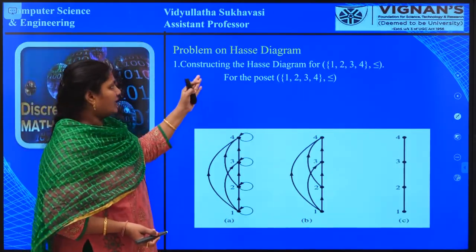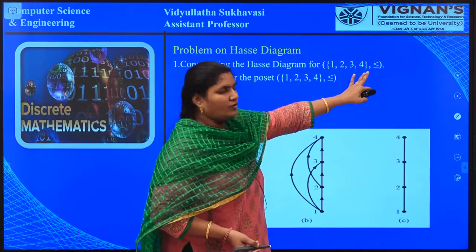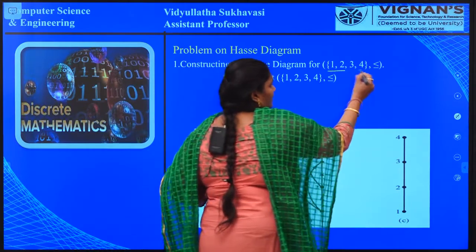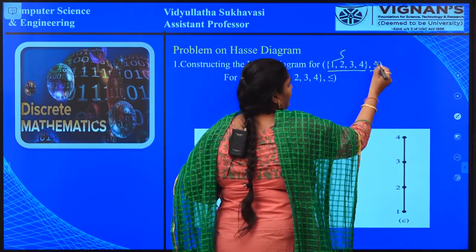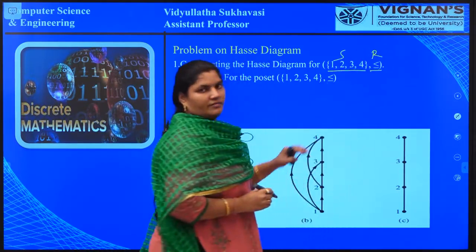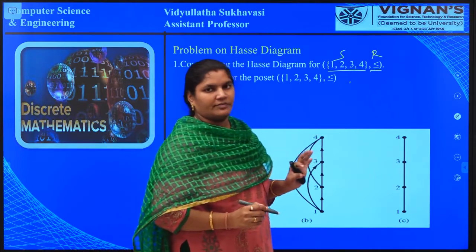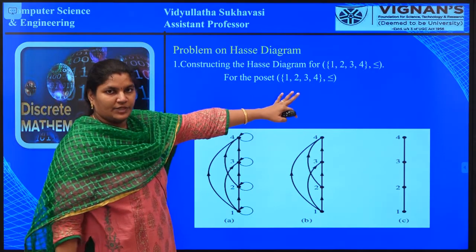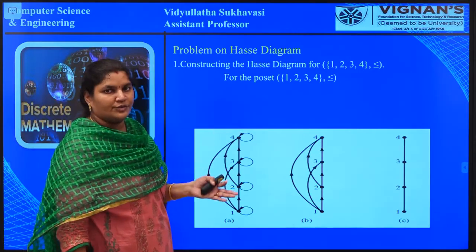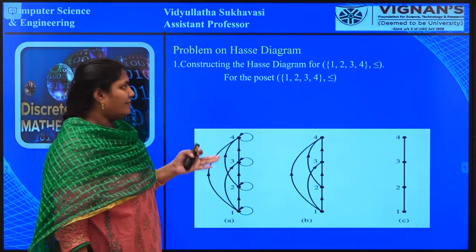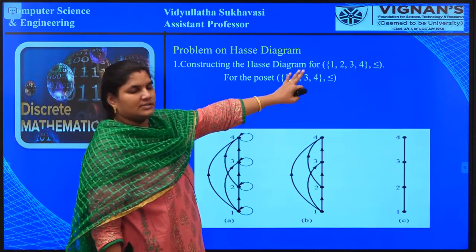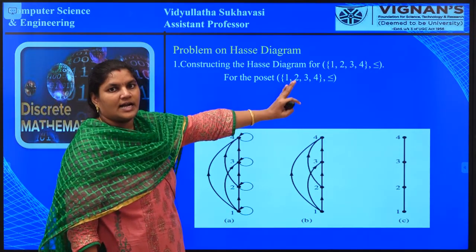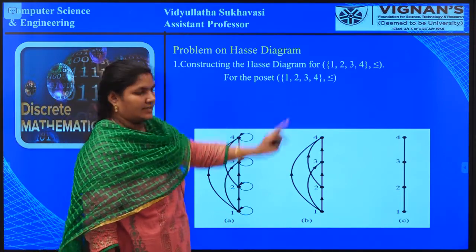Here we have taken the set {1, 2, 3, 4} with less than or equal to. This is the set S and this is the relation R. For this set we need to check with relation R, that is less than or equal to. To draw the Hasse diagram, first we construct A cross B, that is the Cartesian product of the set.